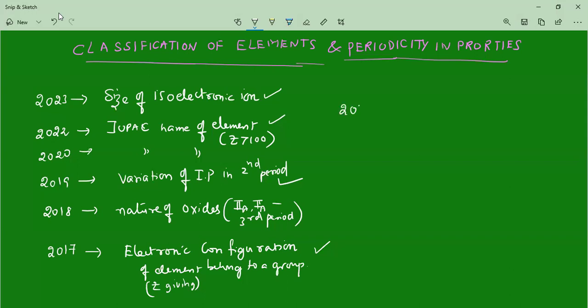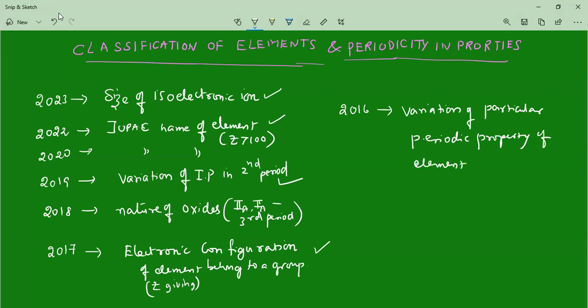Now we will see 2016, when NEET was first introduced in India. They discussed the variation of a particular periodic property of elements and their correct order.